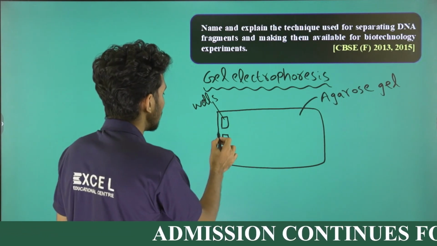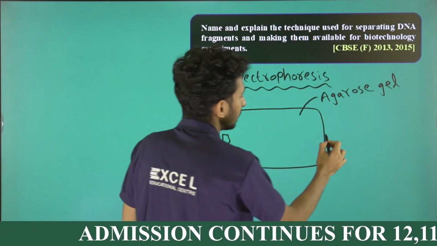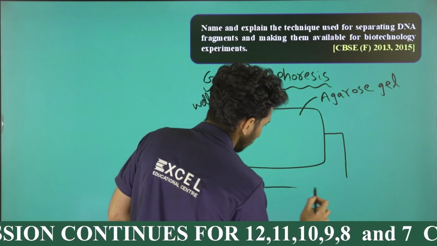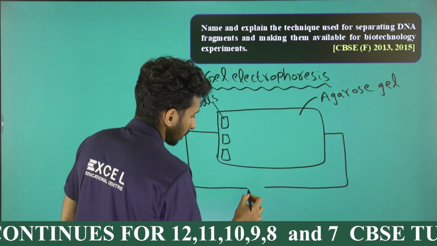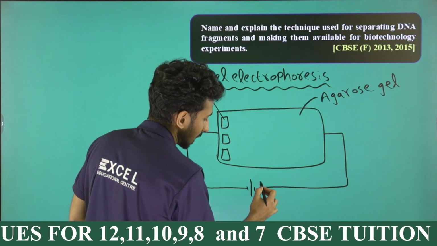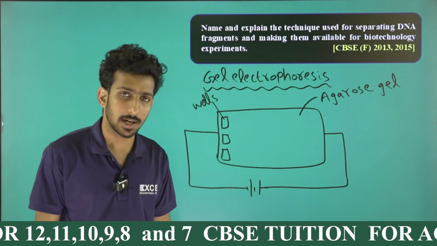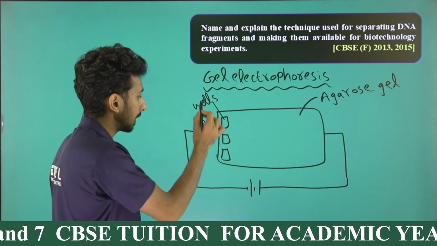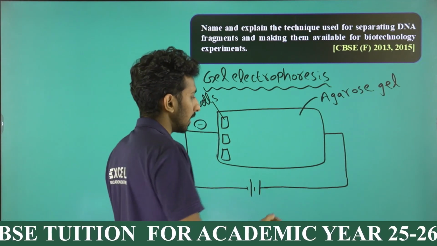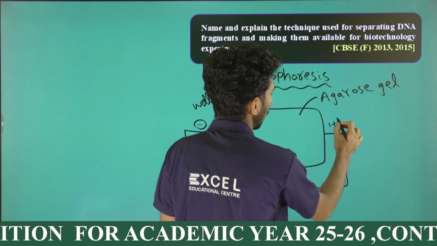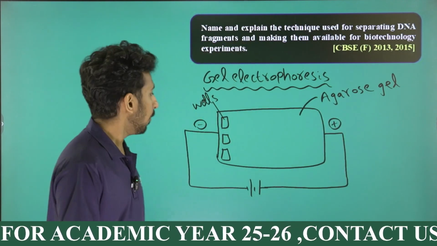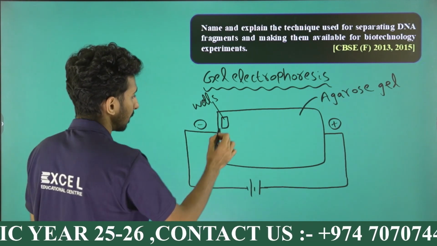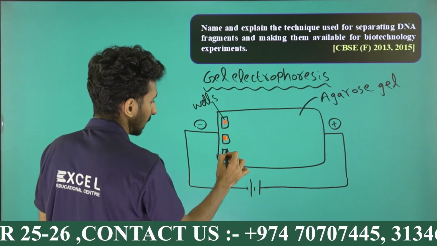Now we are connecting the ends of the device to a power supply, with negative charge on one end and positive charge on the other end. To the well side we connect the negative terminal of the battery, and to the opposite side we connect the positive terminal. Now we are adding DNA fragments into the wells.